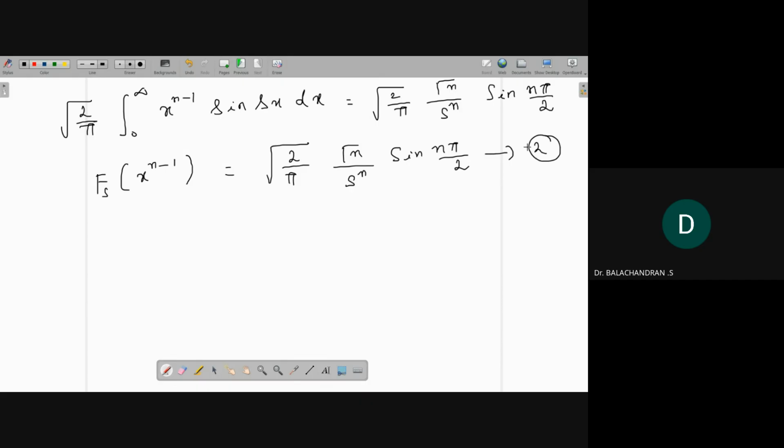Actually, there is one more deduction part in the question. I forgot to give the deduction part. We also need to prove that 1 by root x is self-reciprocal under Fourier sine and Fourier cosine transform. I will add it here, if possible.